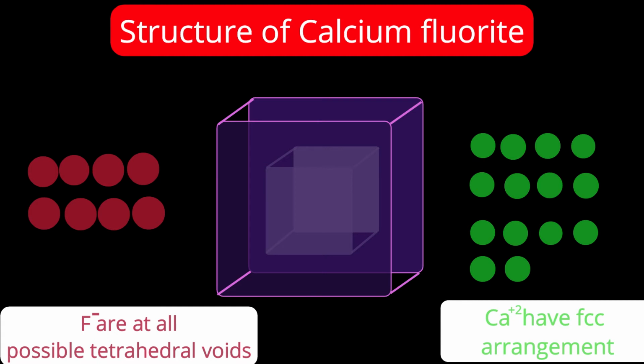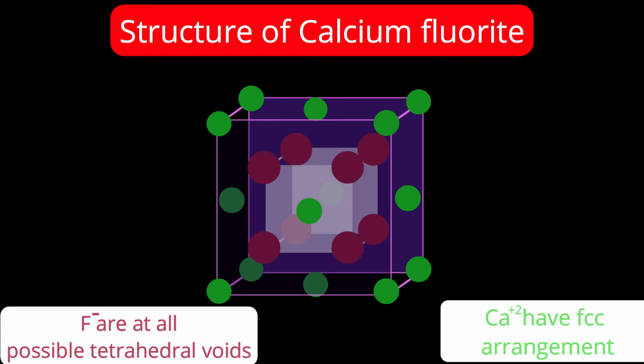Are you imagining? So the resultant structure, see how it will be. Yes, can you understand the structure? What I said? Calcium ions will be at FCC positions in the large cube and fluoride ions will be at each corner of the inner cube. Actually, each corner of the inner cube is a tetrahedral void. What does it mean?